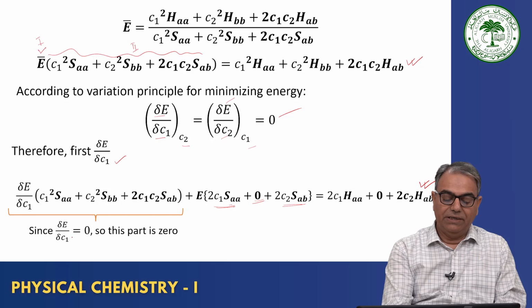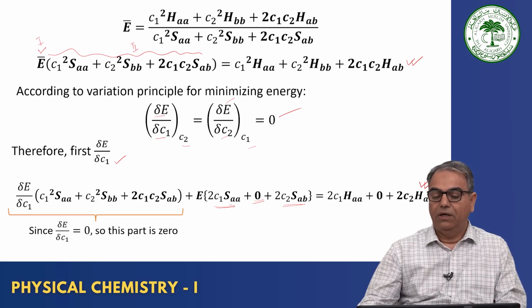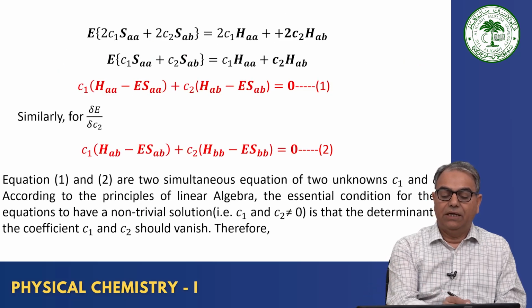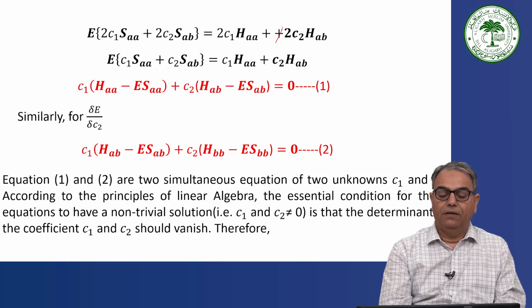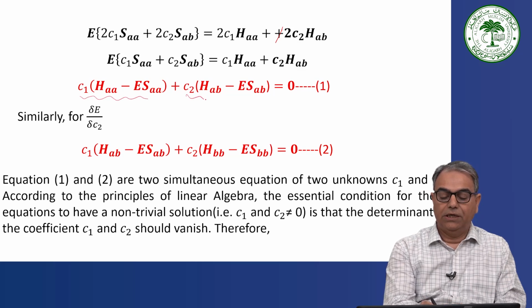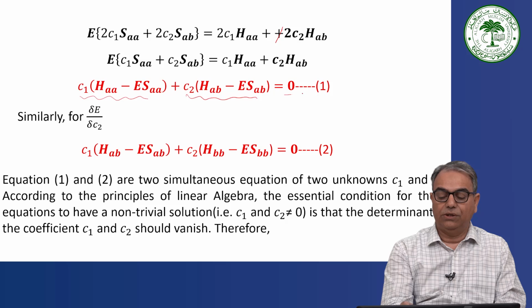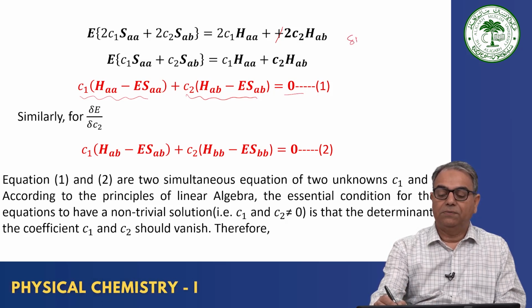So putting del E by del C1 equal to 0, this whole part will become 0, and finally what you get is an equation 2C1 SA plus 2C2 SAB plus 2C1 HA plus, sorry, 1 plus is extra, so 2C2 HAB. Then if you rearrange, what you get is C1(HAA minus ESAA) plus C2(HAB minus ESAB) is equal to 0. This you obtain when you differentiate energy with respect to C1.